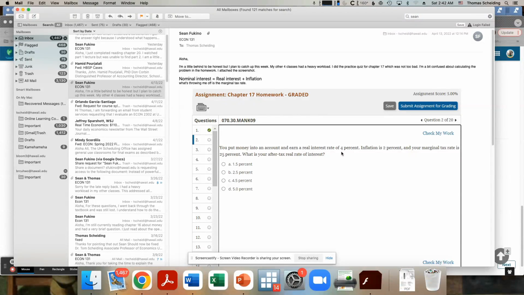So the real interest rate of 4 plus the inflation of 2 gives you a nominal of 6. And a fourth of that is 1.5. After tax, real rate of interest would be the 4 minus the 1.5. So it's giving us 2.5%. So I'm hoping 2.5% is our correct answer here.